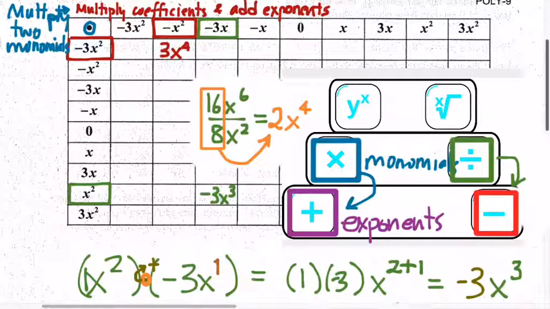It's just a division of 16 by 8. And then where'd the 4 come from? Subtracting the exponents. And we subtract exponents when monomials divide one another. 6 minus 2 gives you the 4. So you would subtract exponents when you divide monomials.